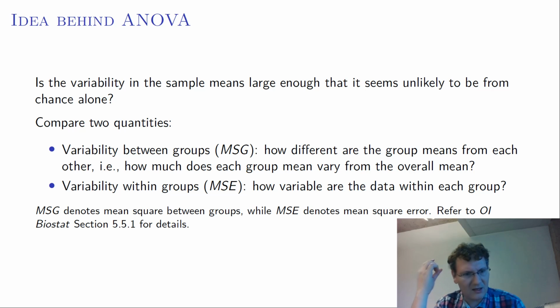This text is using MSG for the mean squared deviation between groups, and MSE is the mean squared error, I guess E stands for error.